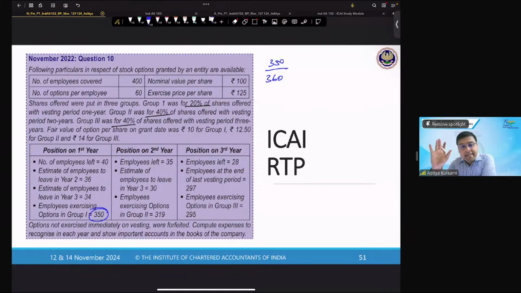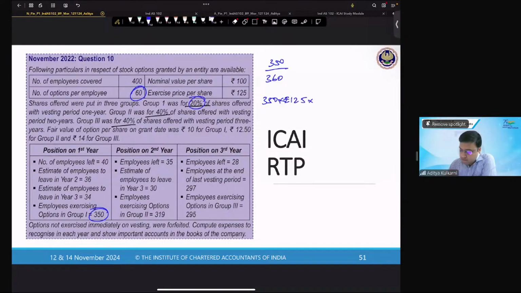How much money the company has received? 350 multiplied by 125. Is 125 per employee or per option? Per option. तो कितने ऑप्शन हैं? 60 into 20%, 12 options.